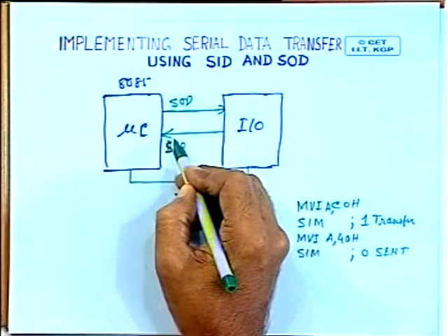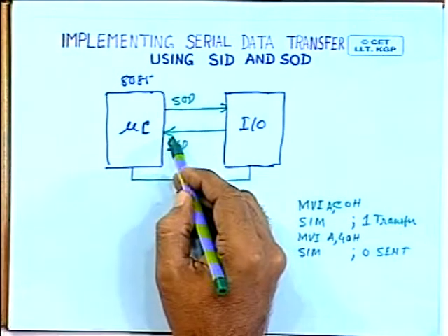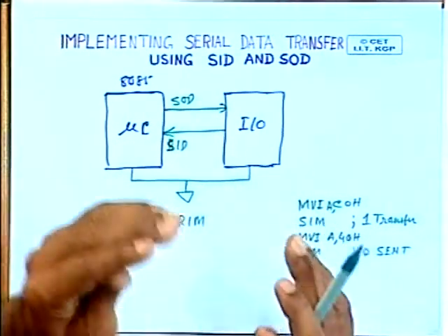That you can check by looking at the sign bit, the flag bit, if you remember. By looking at the sign bit, you can check the value of the serial data that you have received. So you see, without any extra hardware, you can implement serial mode of data transfer by using 8085. And this is how it can be done.